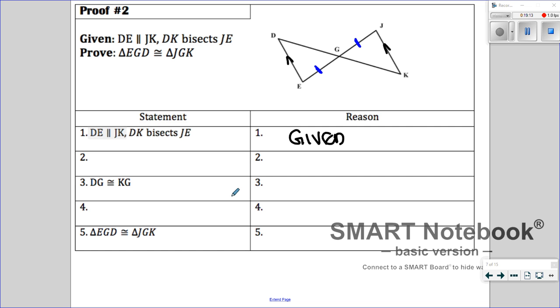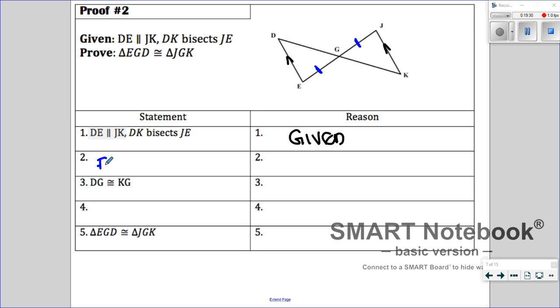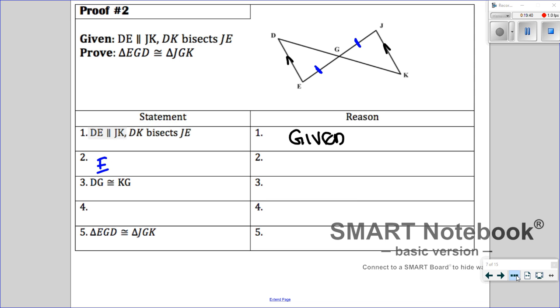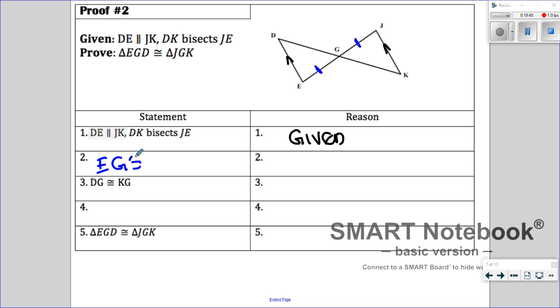Now the next thing, since they said that DK bisects JE, I can say, with blue, that EG is congruent to JG.